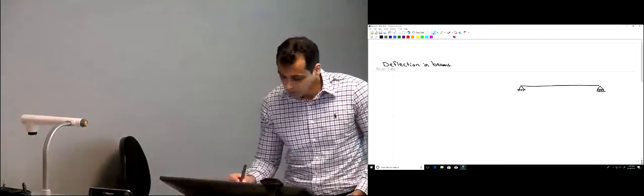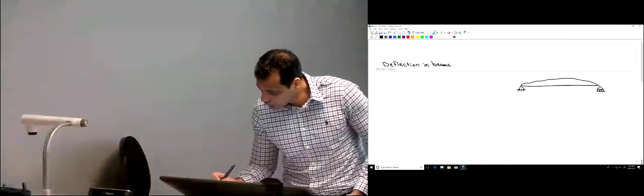Any beam, and there are some loads applied on this beam. Those loads will give you some internal forces, and we learned how to calculate those internal forces. It will give you some reactions, and we learned how to calculate those reactions. But it will also cause the beam to deflect. So the beam is not going to remain unchanged. It's actually going to have some deflection due to those applied loads.